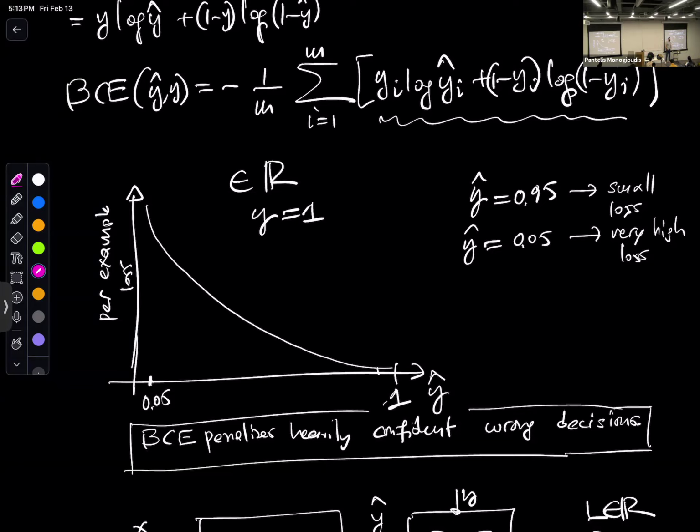And the shape of it led us to claim that the binary cross entropy as a whole has this structure, the 1 over m summation from i equals 1 to m, because obviously it has to convey the average risk that we are optimizing. This per example loss analyzes carefully confident wrong decisions. That was basically our conclusion just before we started drafting the binary classifier.